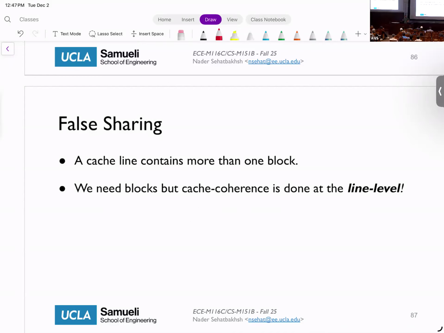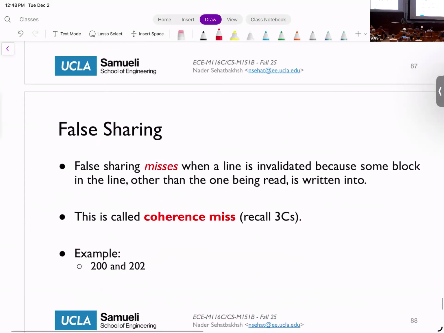For example, if 2 needs to be invalidated, unfortunately, we also invalidate 1 and 3 and 4 and 5 and 6 and 7. In fact, they don't need to be invalidated. But since we do everything at block-based granularity in the cache, we invalidate everything at the same time. This is the notion of false sharing, because 1 is not shared, but whatever 2 is doing, 1 has to follow as well. So just keep that in mind.